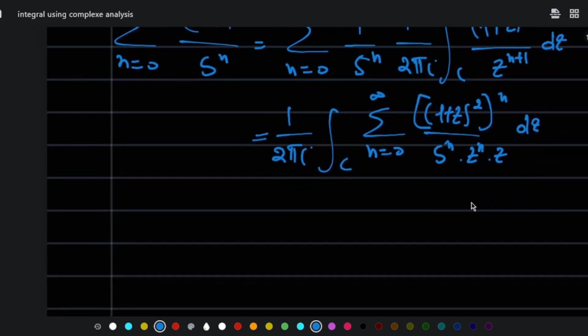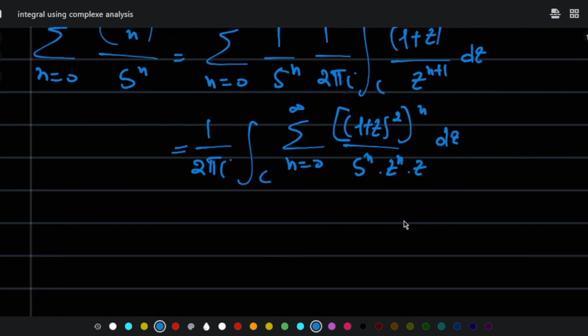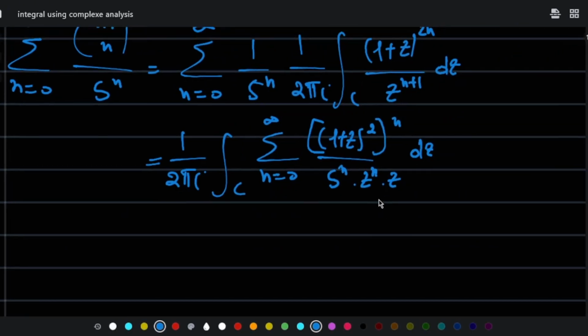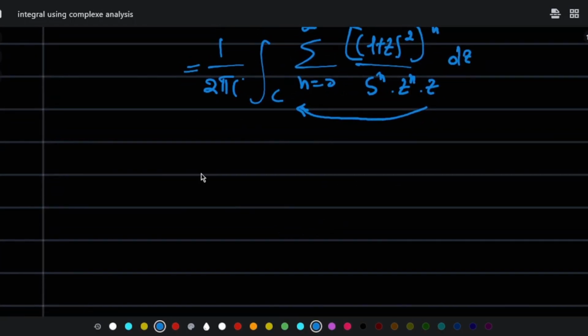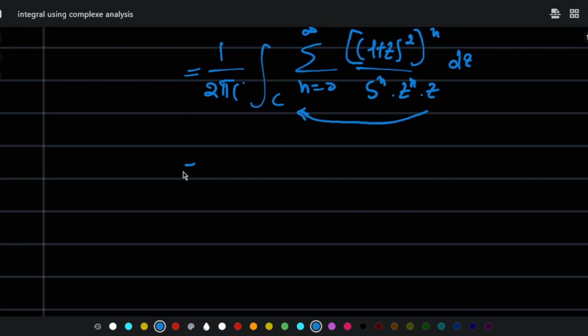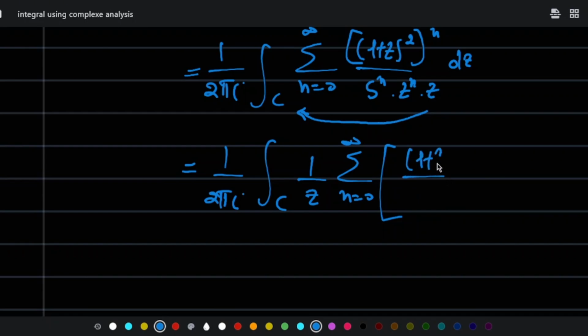This z I will take out, because it doesn't depend on n, to get 1 over 2 pi i, the integral over c of 1 over z, the sum from 0 to infinity of ((1 plus z) squared over 5z) to the n dz.